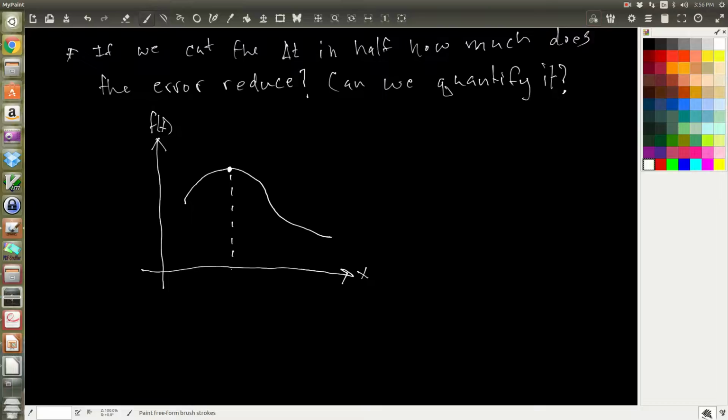We'll call this point xi. And xi is going to be our centering point for our Taylor polynomial, or our Taylor series. So xi is the Taylor series or Taylor polynomial centering point.